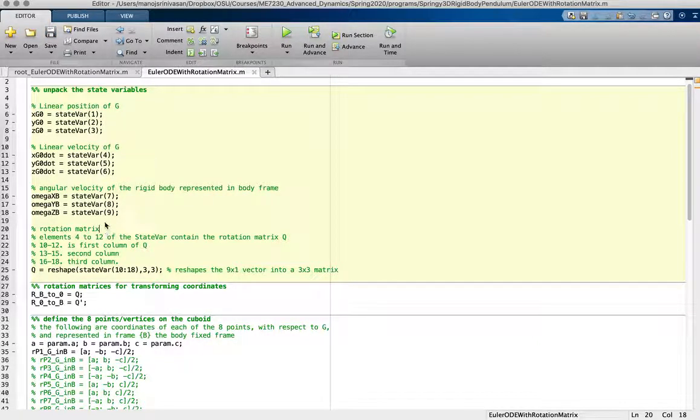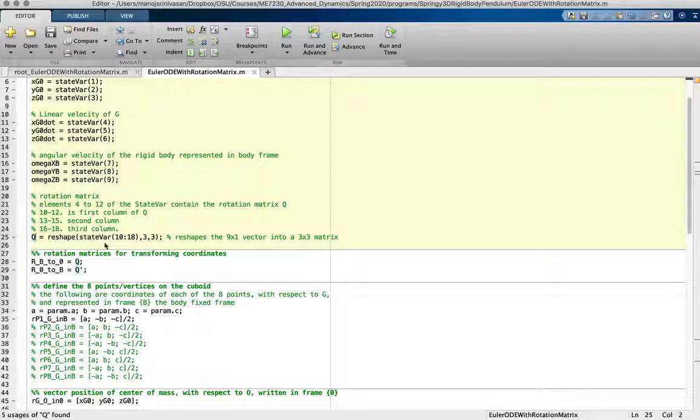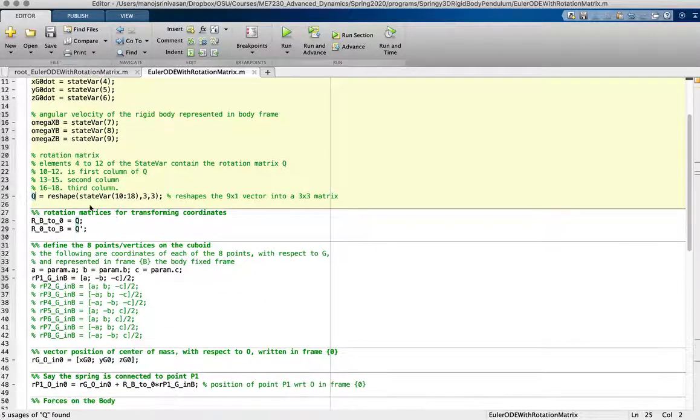This is the rotation matrix, which is going to be element 10 onwards. 10 to 12 is the first column, 13 to 15 is the second column, 16 to 18 is the third column, and you essentially take those elements from 10 to 18 and reshape them into a 3 by 3 matrix to get the rotation matrix. Okay, so that's the rotation matrix that represents the rotation of the rigid body.